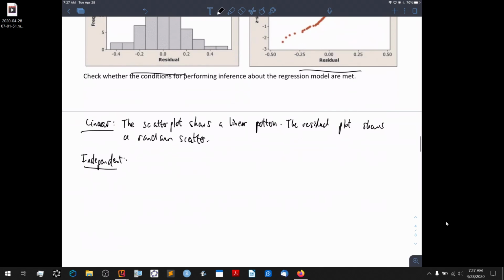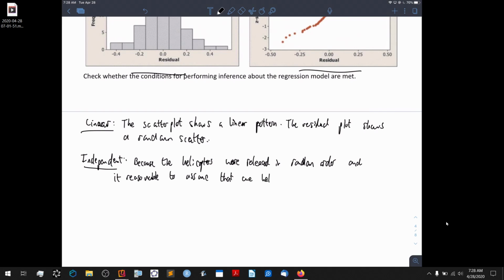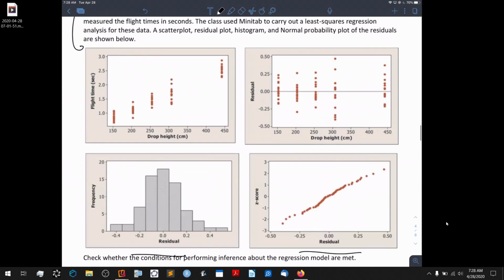So we can just say because the helicopters were released in random order and it's reasonable to assume that knowing one helicopter's flight time doesn't impact another, okay?